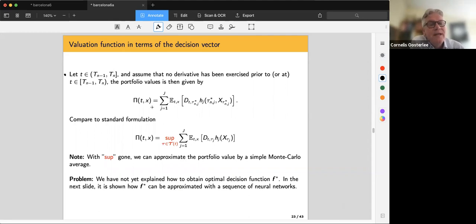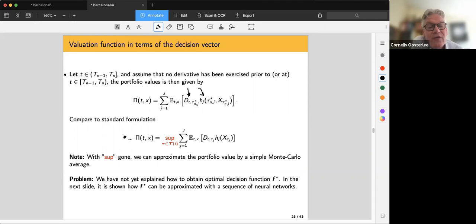Now let t be in that interval between T_{n-1} and T_n, and assume that no derivative has been exercised prior to or at little t. Then the portfolio values are given by the sum, j runs from 1 to capital J, the number of derivatives, of the conditional expectation of the discount factor from t to tau star times the payoff function at tau star, X at tau star.